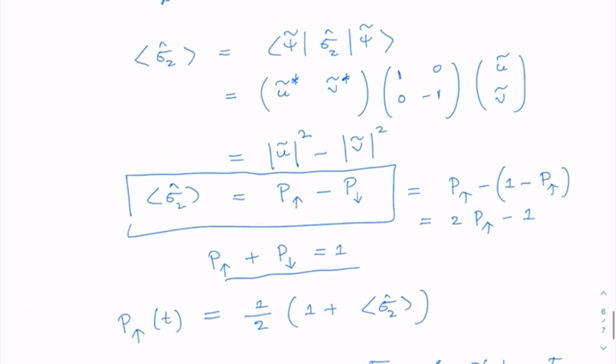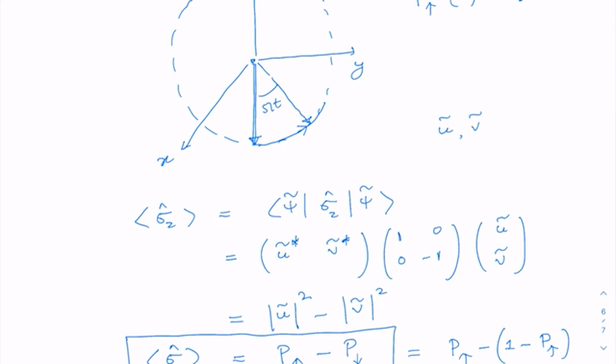As I have started from the ground state, you can guess that sigma z should be equal to minus cos omega t in this particular case, because at time t equal to 0 it is minus 1.